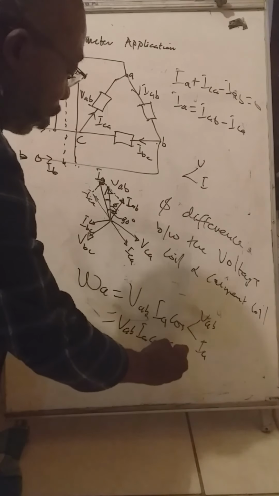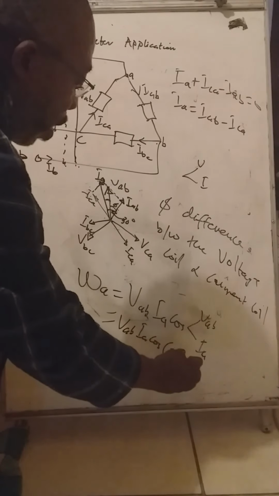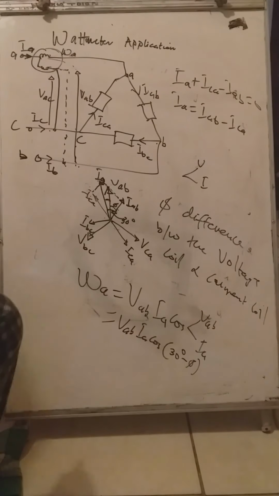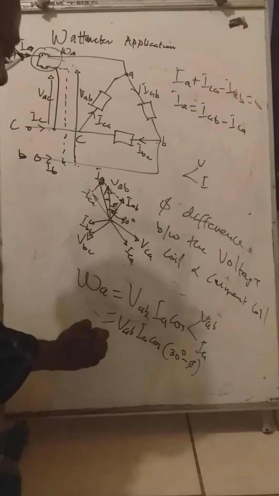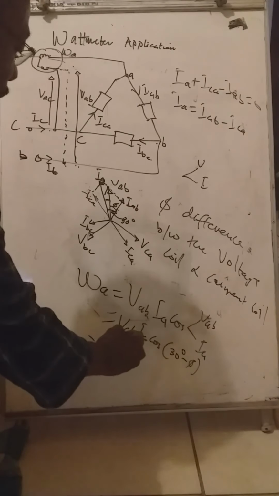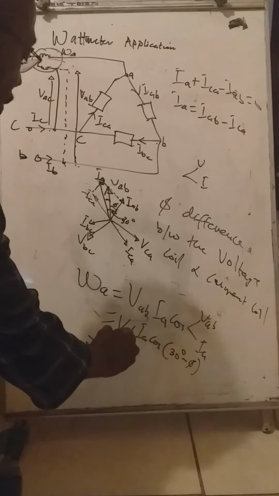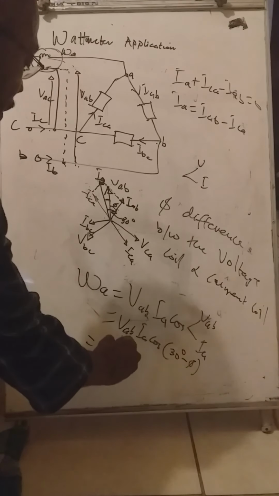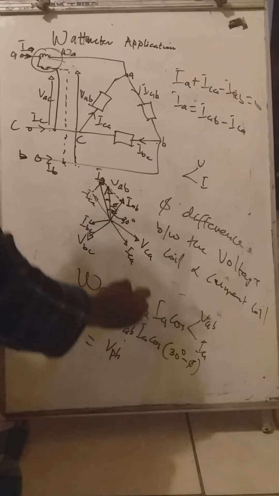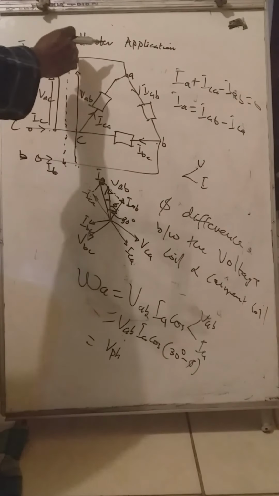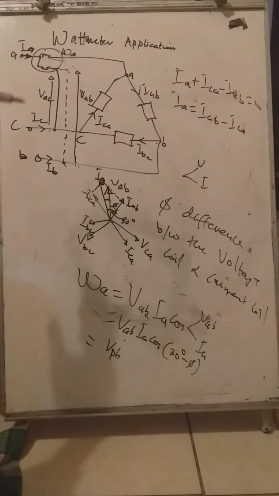So we now have this one to be 30 degrees minus phi. That settles that. So with this, we can say our VAB is taken as a phase voltage, because in delta form the line is equal to the phase.